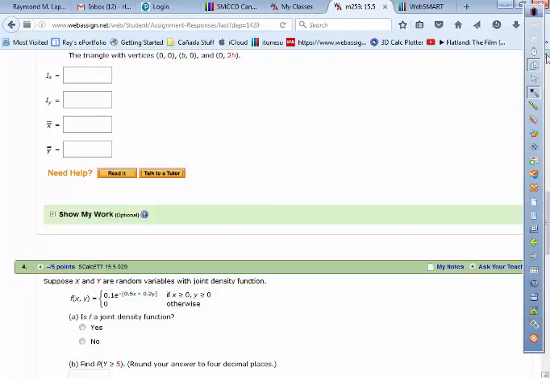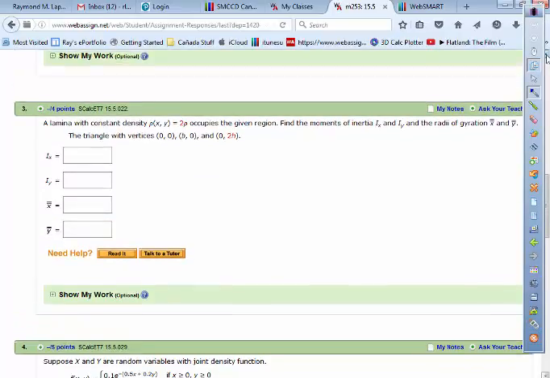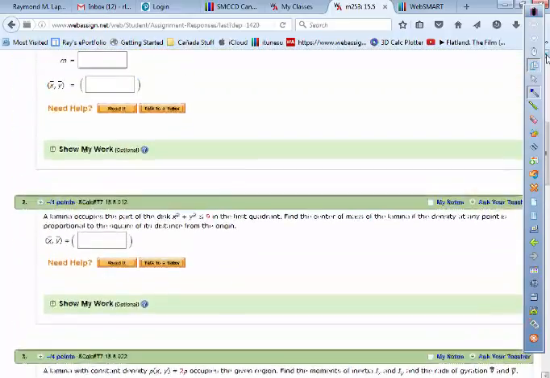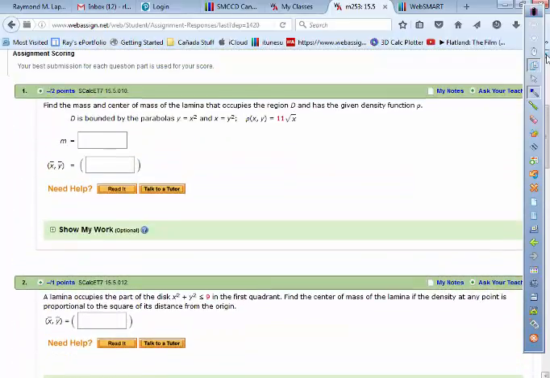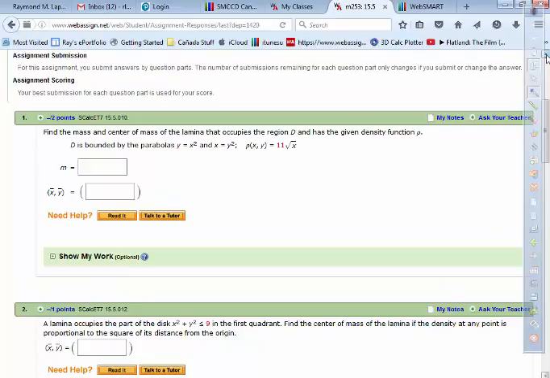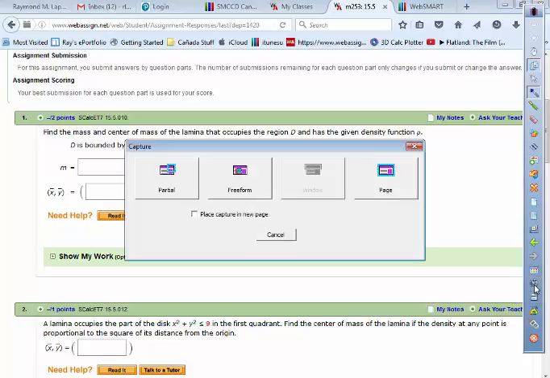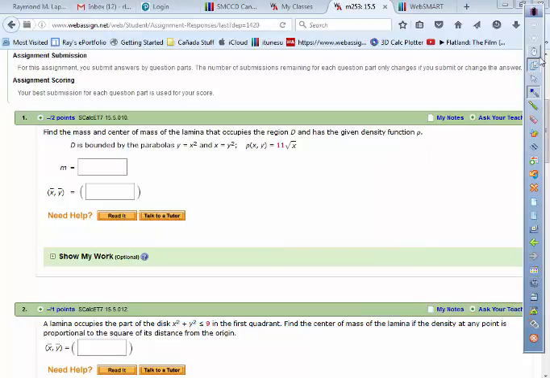Yeah, see, here you got moments of inertia to do. All right, let's do number 1 maybe. Number 2 looks like it would exercise your polar coordinate skills, so I'll leave you to do that.